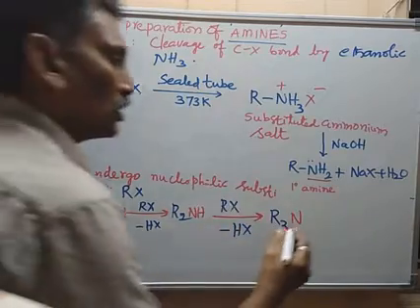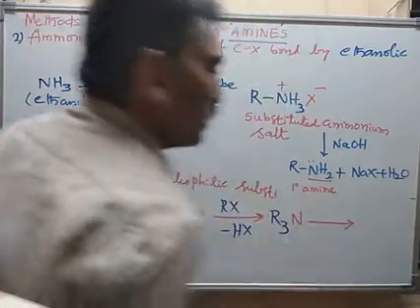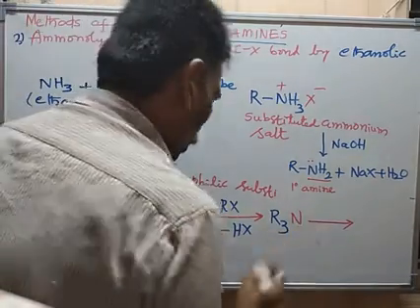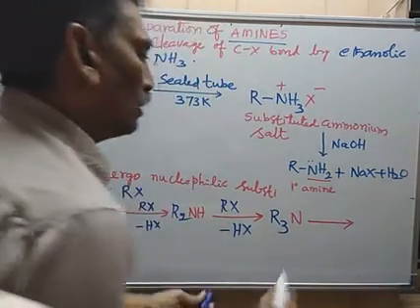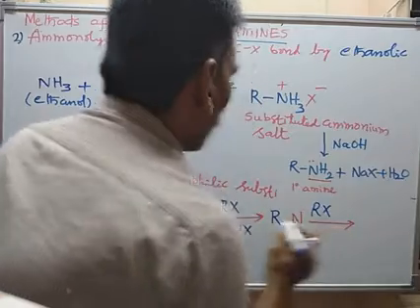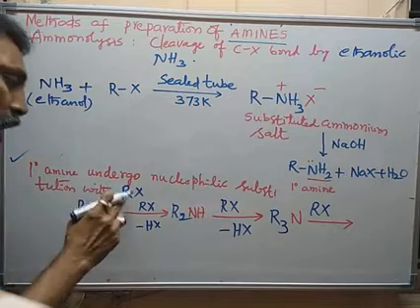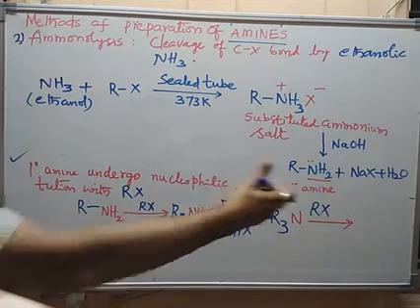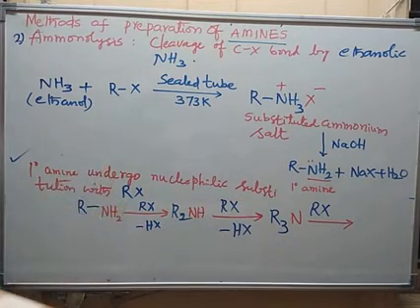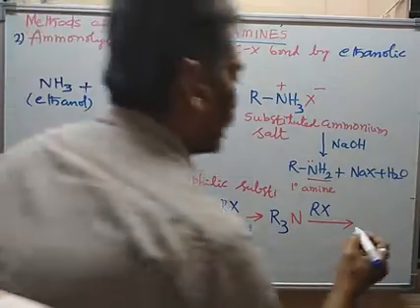At this stage, once again, it reacts with 1 mole of alkyl halide. Why? Because you are taking excess of amine, excess of alkyl halide. If you take alkyl halide in excess, this reaction is possible.